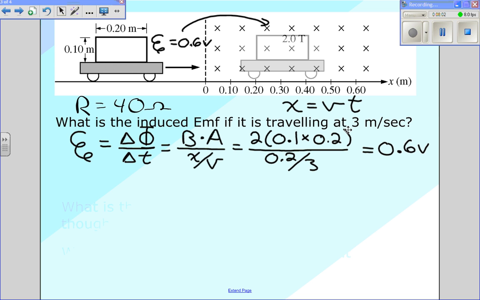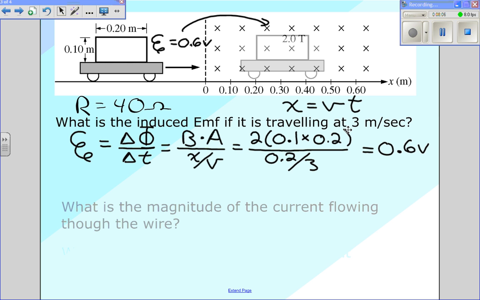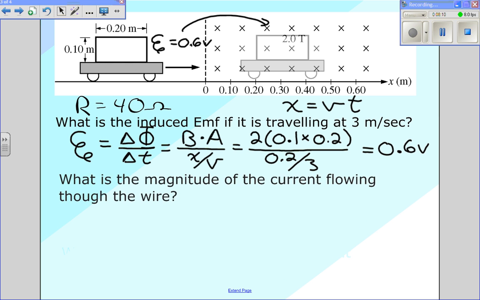All right. Secret question number 2. What is the magnitude of the current flowing through the wire? Okay, we already know that the current is flowing through the wire in a counterclockwise direction. So what we should simply be able to do is use Ohm's law.